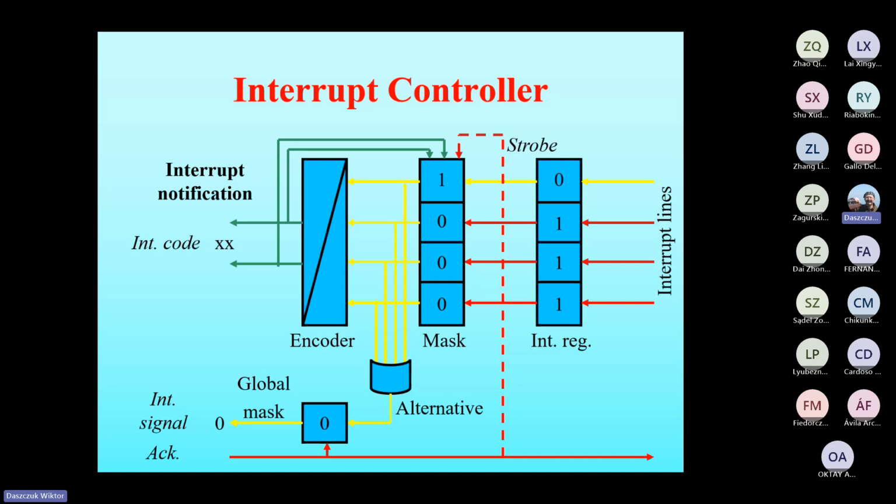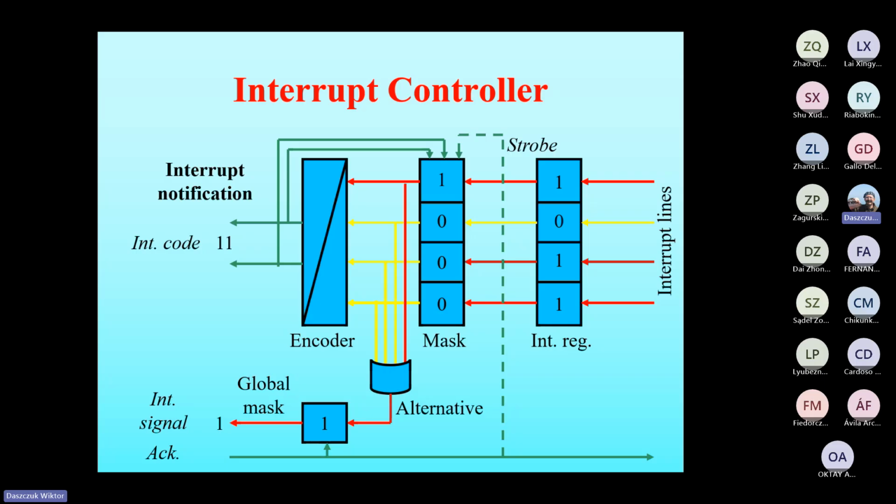After some time, let's assume that the processor unblocked the global mask programmatically, and a new interrupt came with the highest priority. It is enabled.